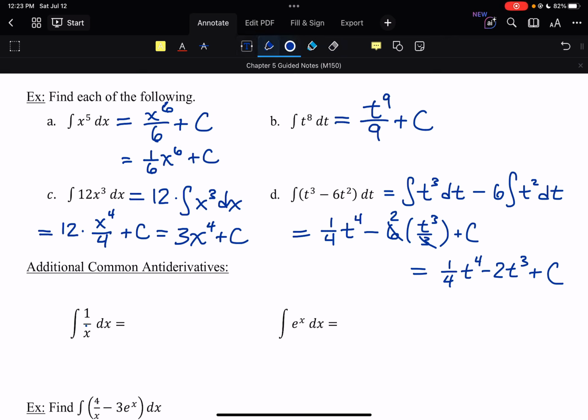We need to think about the undoing of a derivative. It's kind of like a game. I had a function, I took its derivative, and it gave me 1 over x. What was that original function? A function whose derivative is 1 over x would be the natural log function, so ln of x.